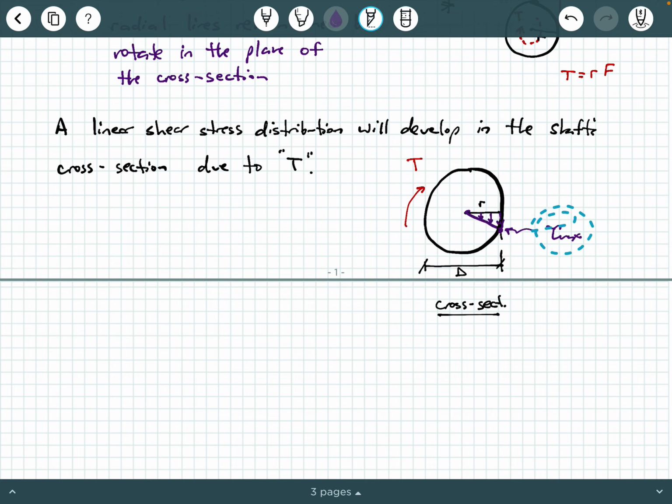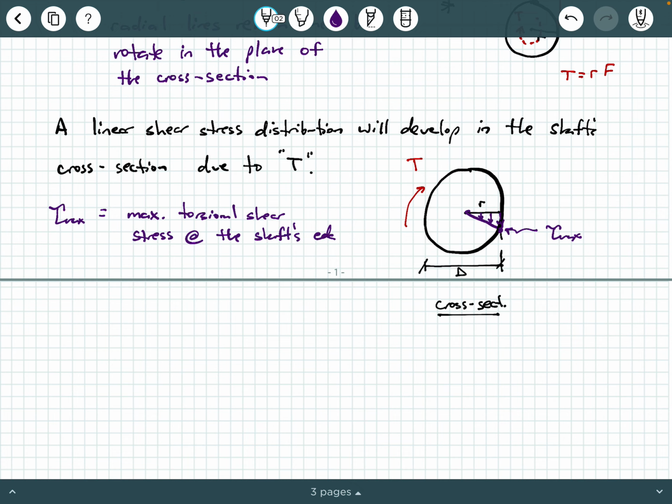Okay, so we're going to say tau max is the maximum torsional, write this down, shear stress at the shaft's edge.